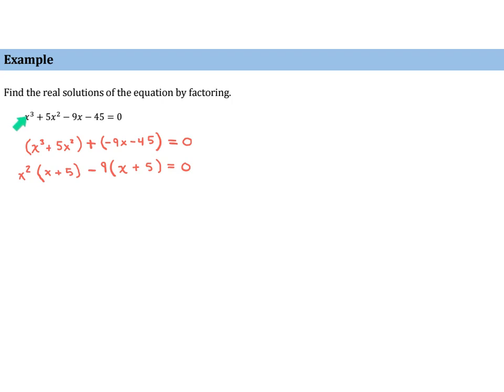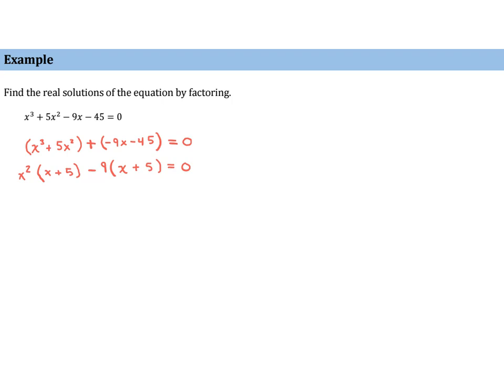Now, at this point, it would be worth checking to make sure that this is indeed what we started with. So is it still this polynomial on the left-hand side? So x squared times x plus 5x squared, so x cubed plus 5x squared minus 9x minus 45 equals 0.